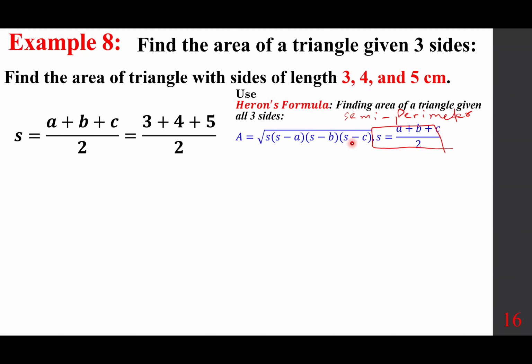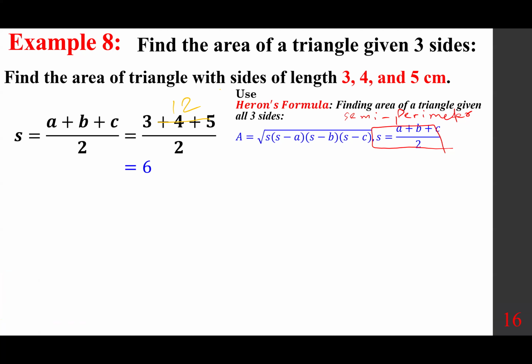So let's find S. A plus B plus C divided by 2, 3 plus 4 plus 5 divided by 2. 7 and 5, 12 divided by 2. And the answer is 6.